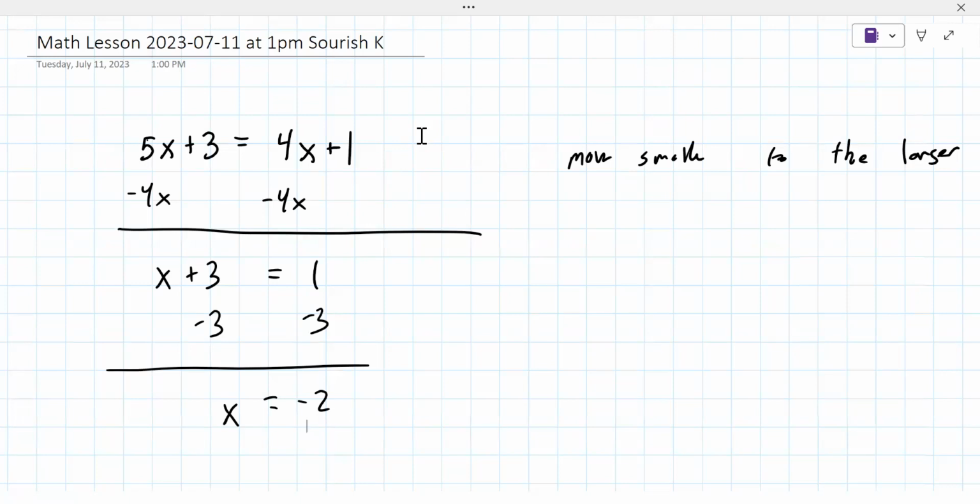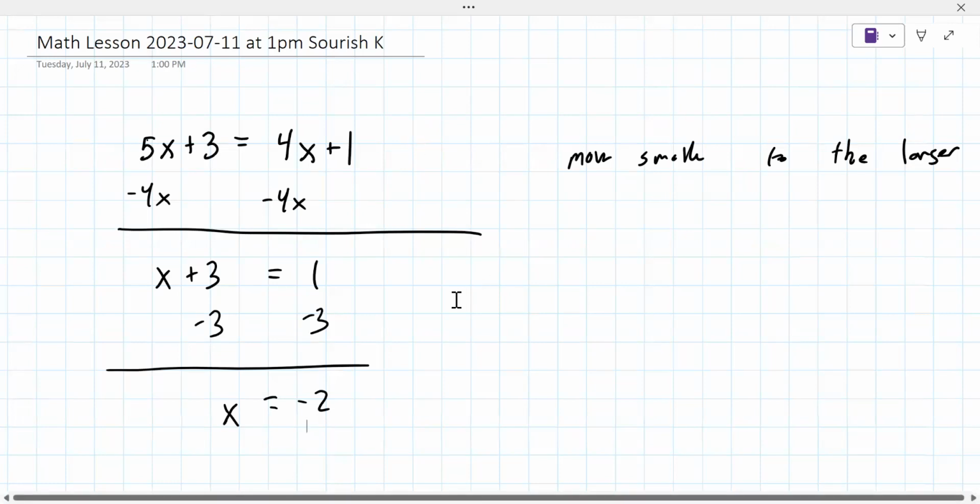I already got the same problem in my notes. So we're just reviewing a few from last time. I'll show it to you. No, I don't need you to show it to me. I'm going to give you a new problem to do, and I want you to try it. You're welcome to look at your notes. It's the same problem. Okay, well, I'll give you some new problems here then.